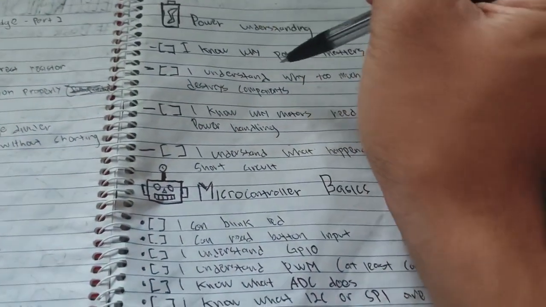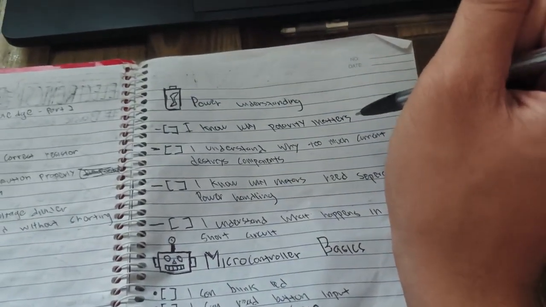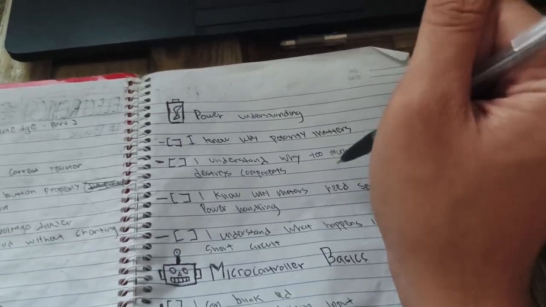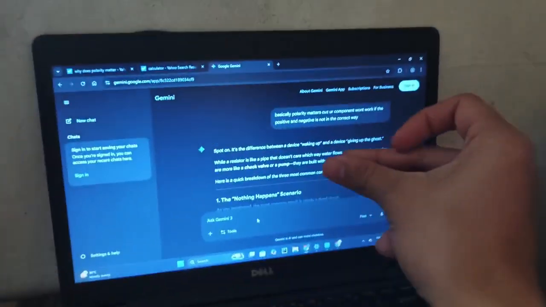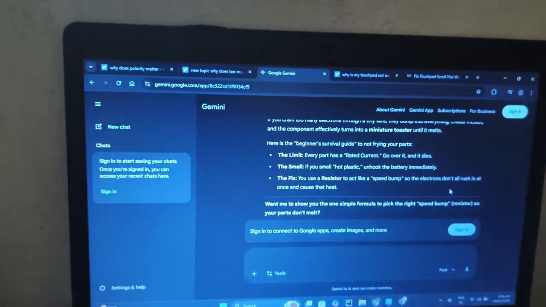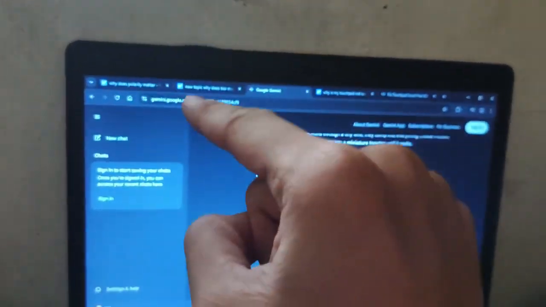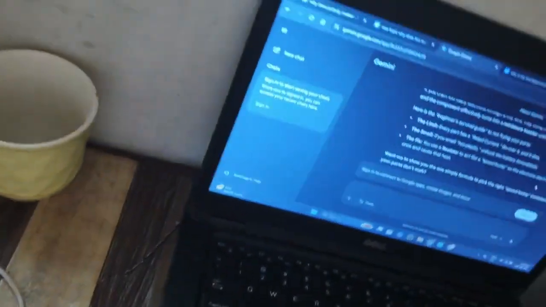Next is, I understand why too much current destroys components. New topic. Basically, guys, too much current is like, you know, when an electron travels. Let me close this noisy fan.